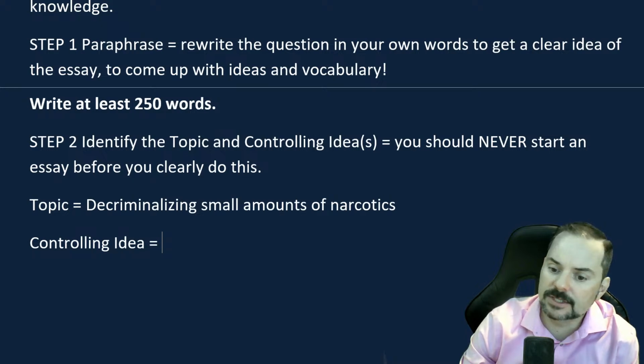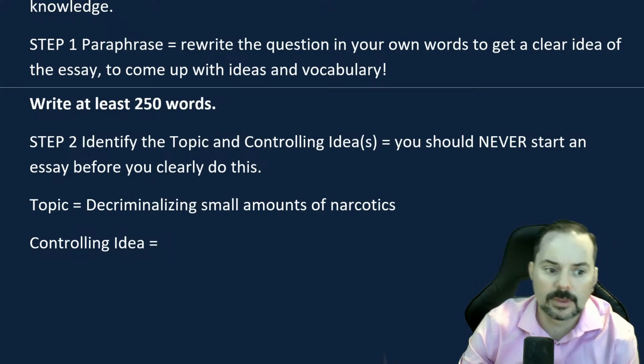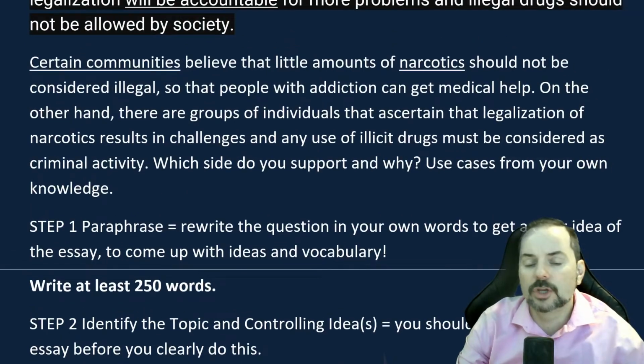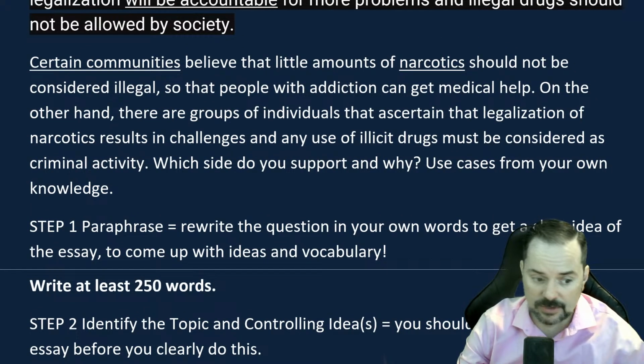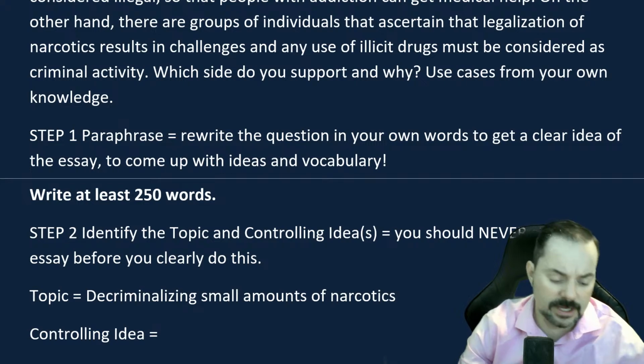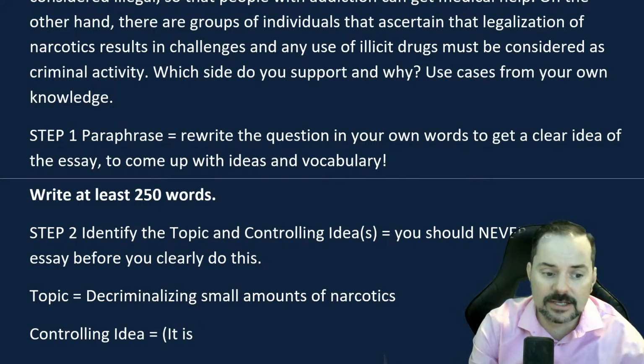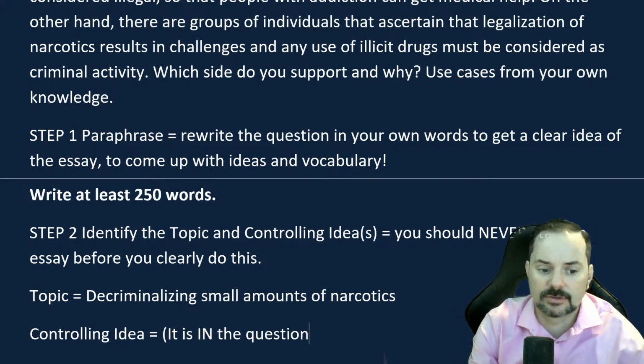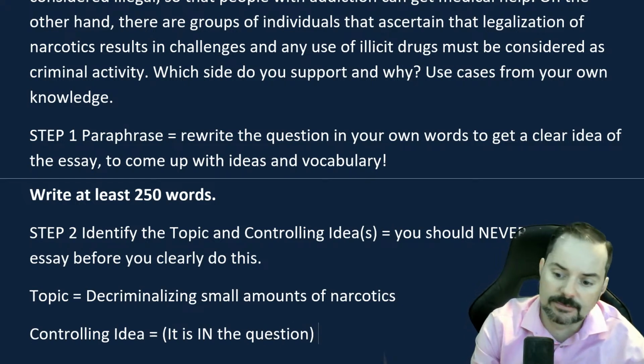Anybody else with the controlling idea? The controlling idea is in the question, everybody, so keep that in mind. It is in the question. You shouldn't be changing it.